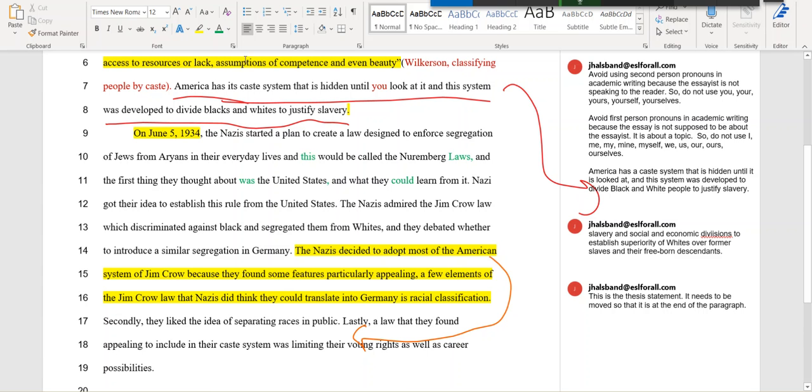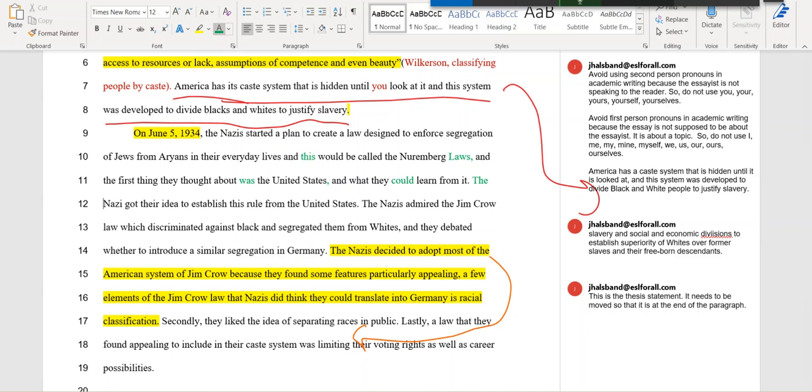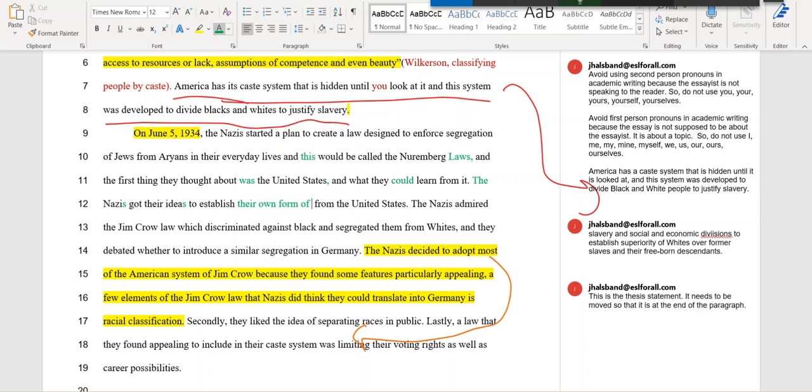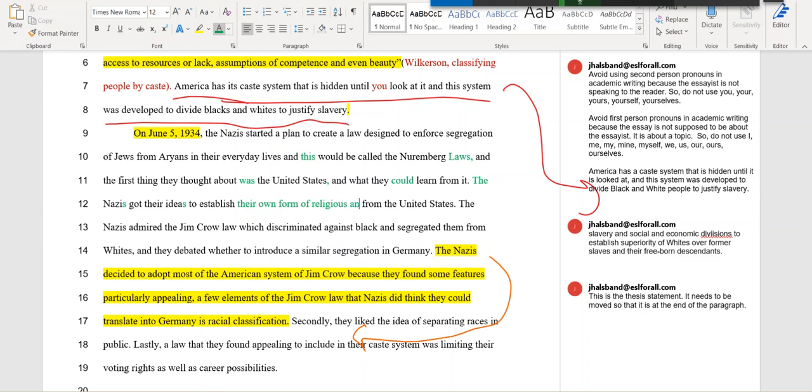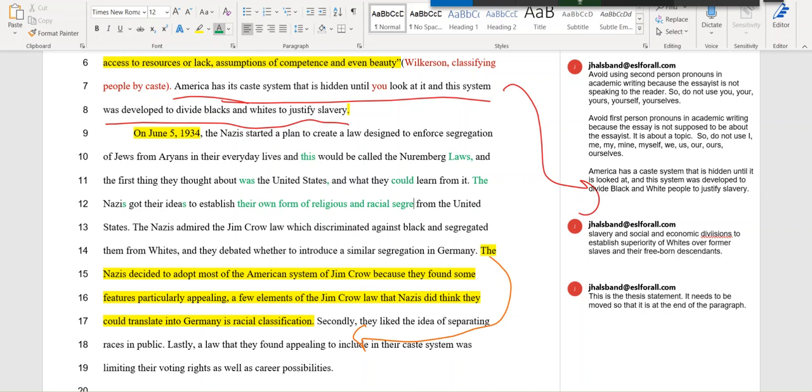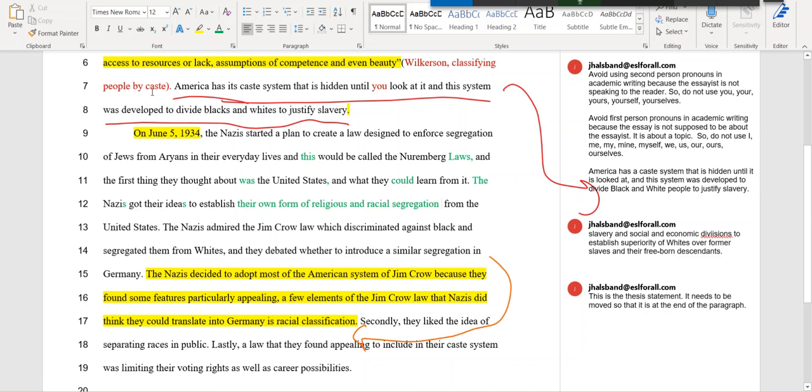And over here, you want to have the Nazis, it's plural, got their ideas to establish their own form of religious and racial segregation from the United States.